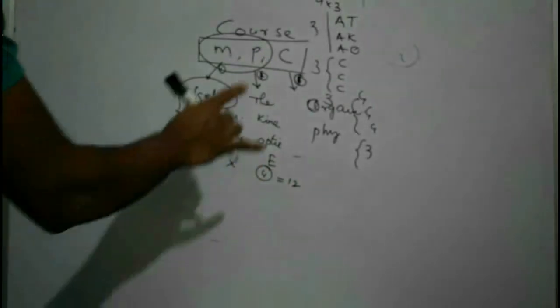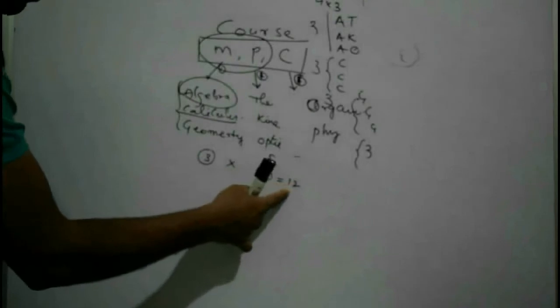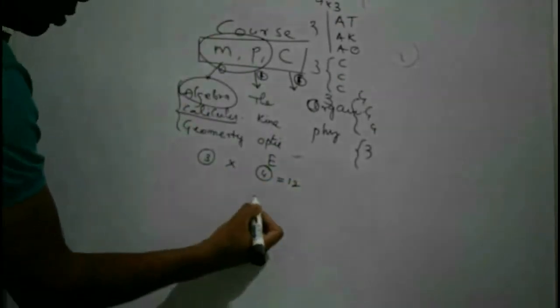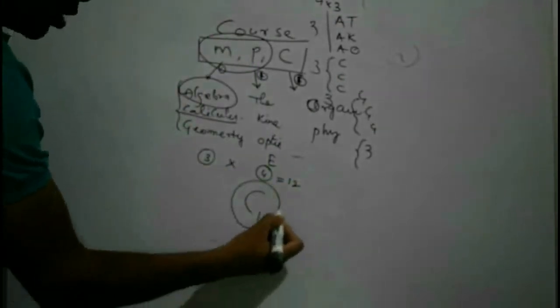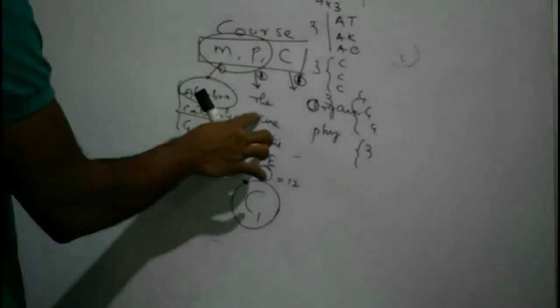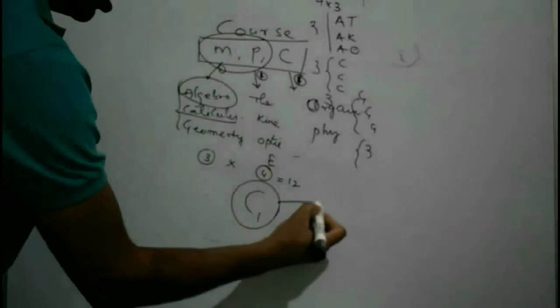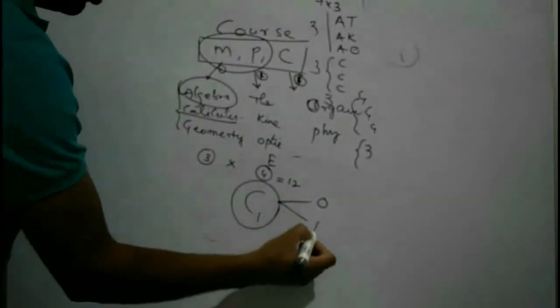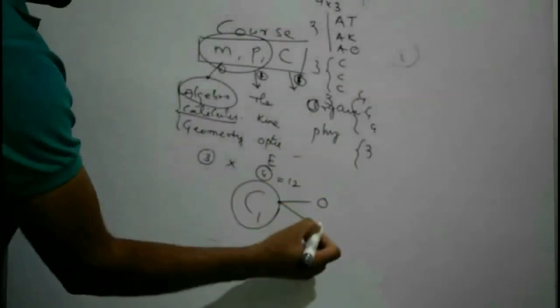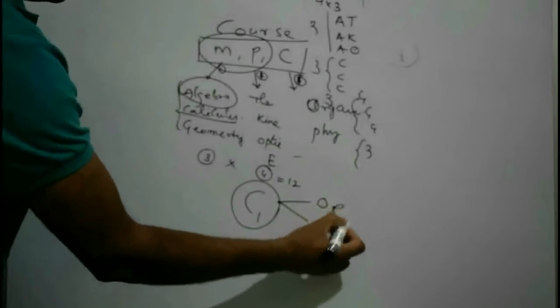What is that work? Selection of one chemistry, where we already have 12 combinations. Out of 12 combinations, for example, if C1 is one combination, maybe algebra and kinematics, now with C1 you can take organic chemistry or physical chemistry.